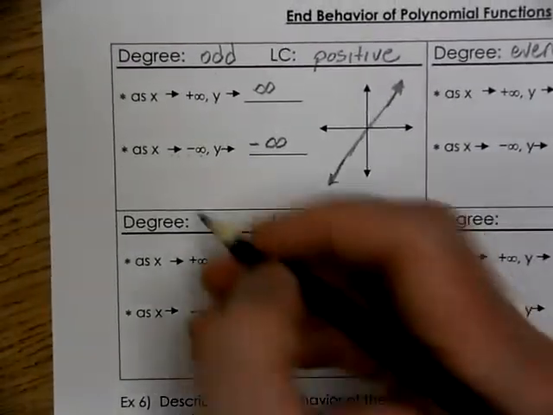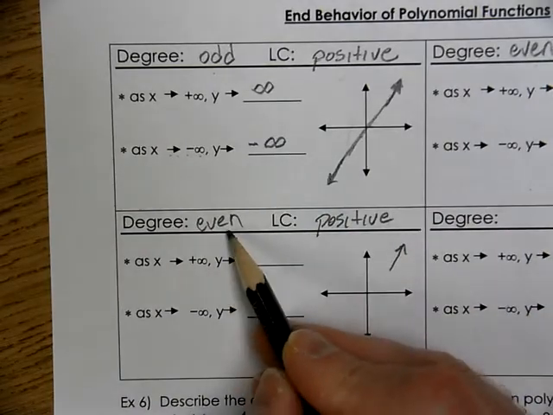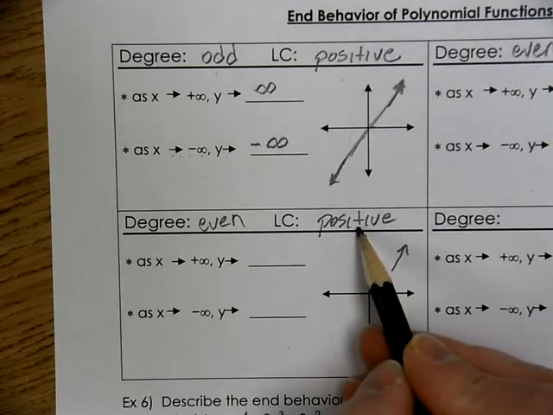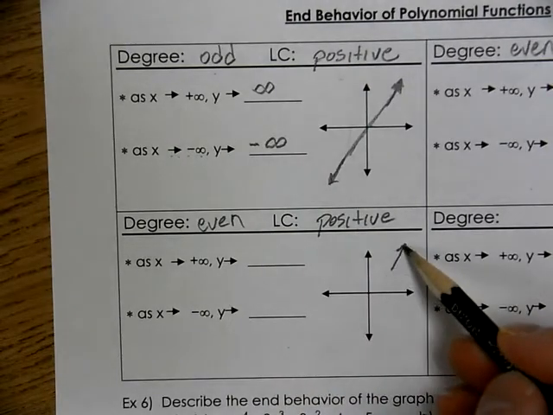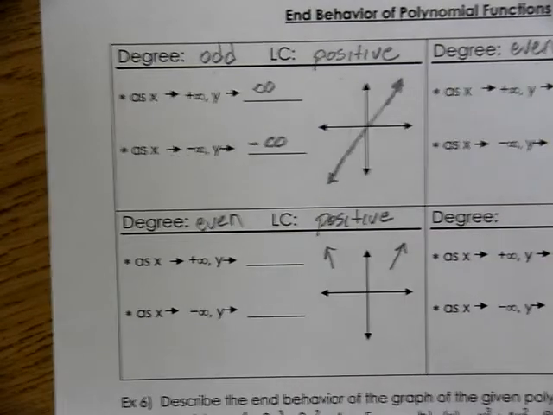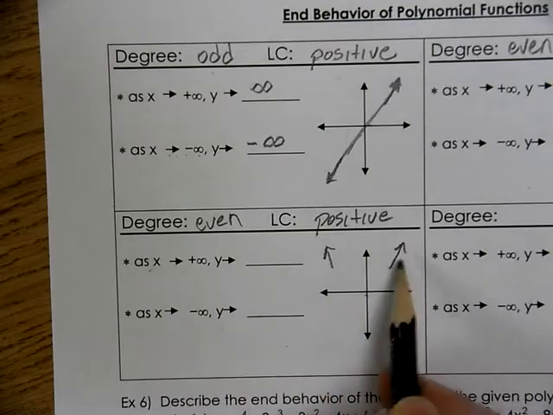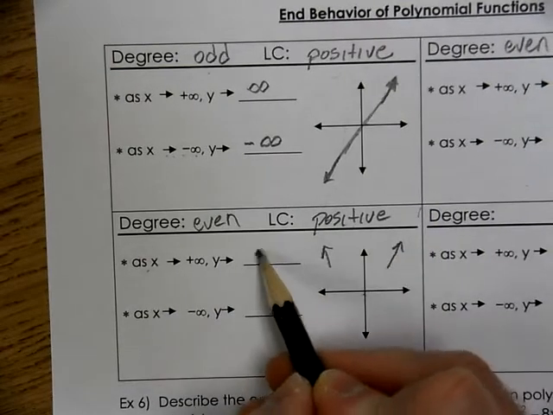Now we can look at an even degree. Even tells us they're going to be going in the same direction. Positive tells us it's going to be increasing to the right. So we know that the end behaviors should be, as x gets bigger, the function should be going up.